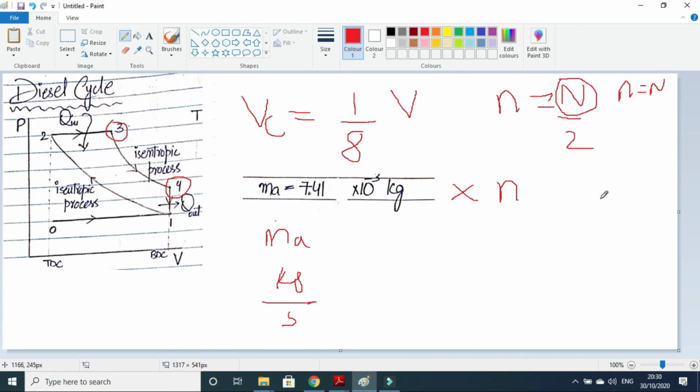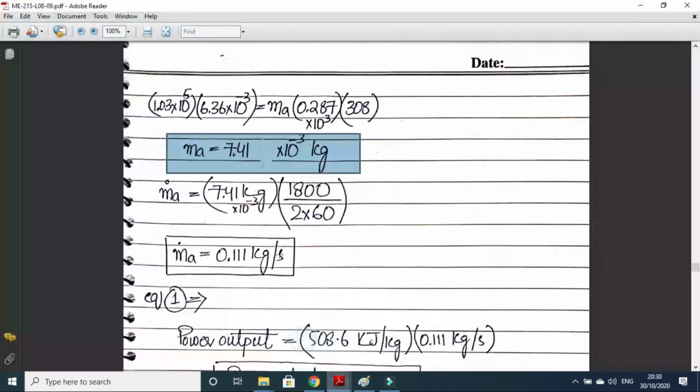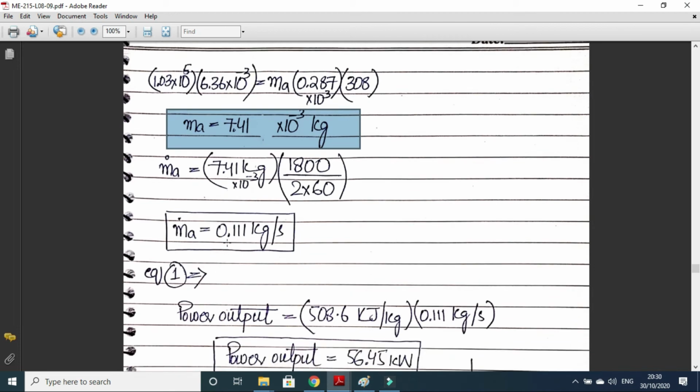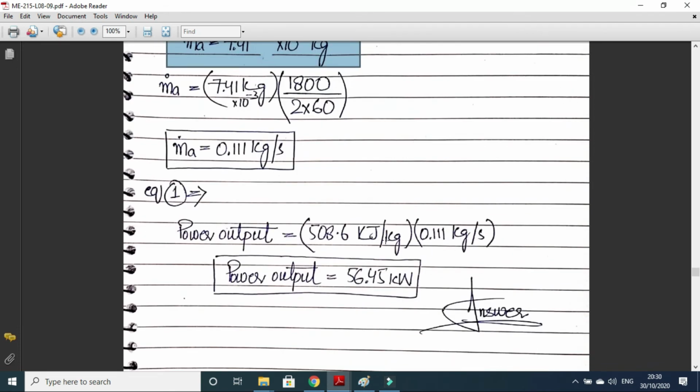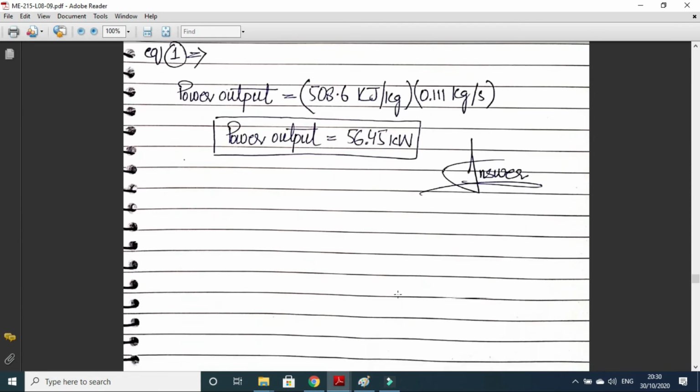We can convert it into RPS, so kilogram into revolution per second will come out in kilogram per second. This we have done here: 1800 divided by 2 divided by 60 to bring it into revolution per second, and N by 2 is for a 4 stroke engine. So mass flow rate is coming out to be 0.11 kilogram per second. So we can multiply the work output with 0.11 to get the power output. 56.445 kilowatt is the power output of the engine.